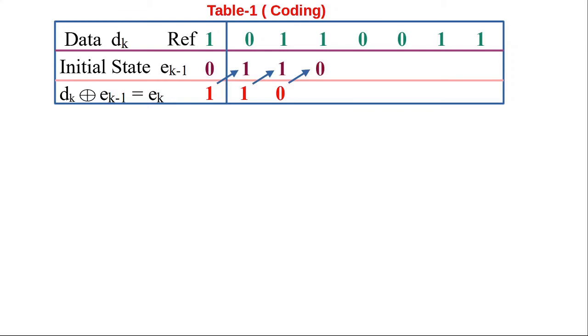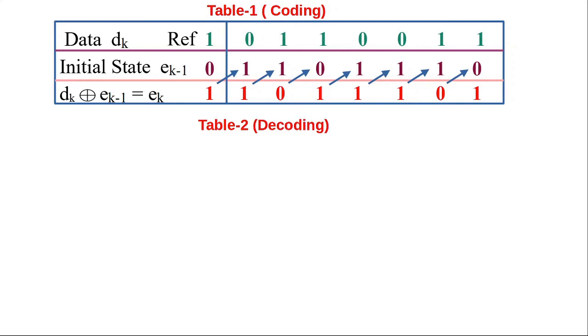Now we get the ek, the output message stream after encoding. So the ek that we get after encoding is this, and our input data was dk.